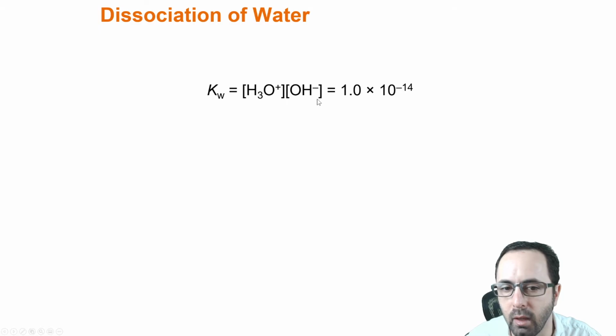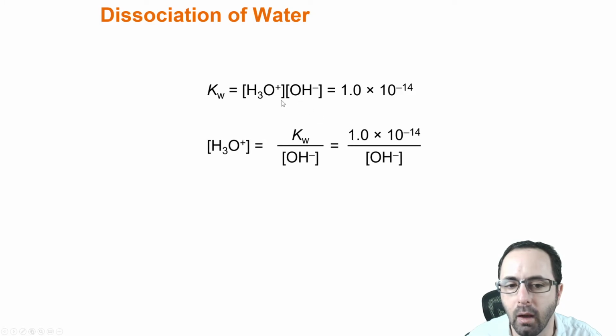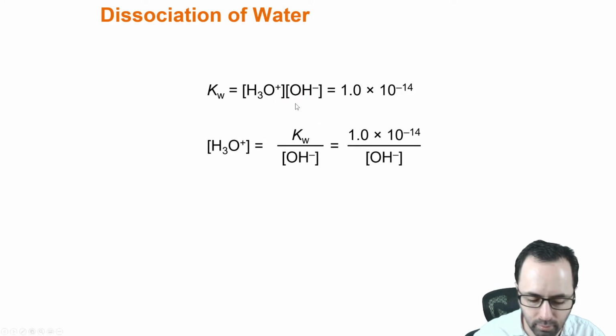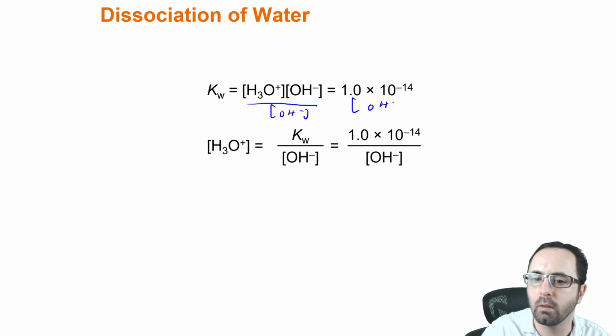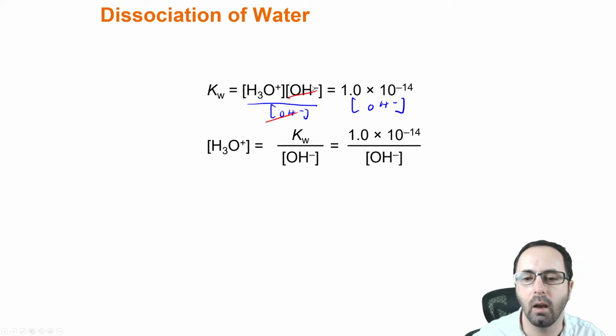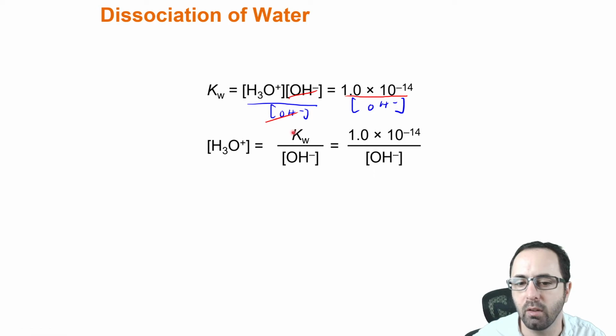If you have either hydronium or hydroxide concentration, you can get the other one. If we divide both sides by hydroxide, we cancel the hydroxide and we get hydronium concentration is Kw over hydroxide.